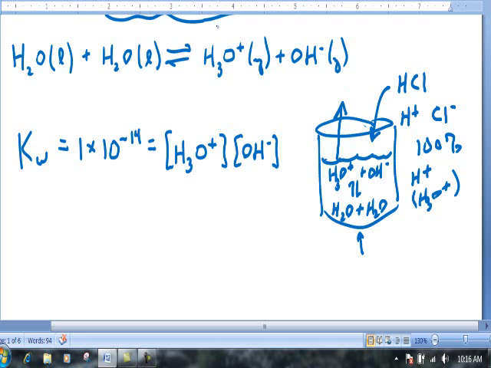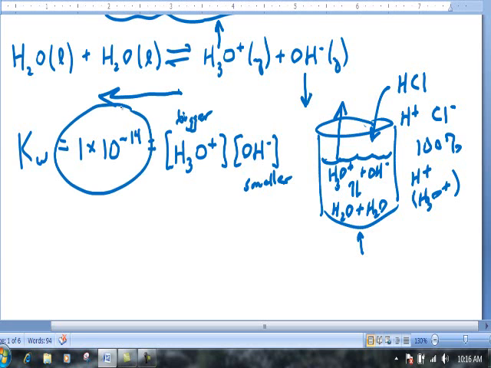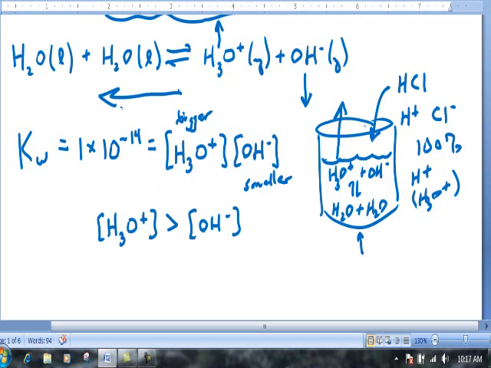Now, from previous experience with equilibria, if the hydronium concentration goes up, that's going to cause the water reaction to shift to the left, and consequently the hydroxide concentration is going to go down. This would need to be true, and if you look at it mathematically, if the hydronium concentration gets bigger, the hydroxide concentration has to get smaller so that the hydronium times the hydroxide will still equal the water constant, which remains at 1 times 10 to the negative 14th.